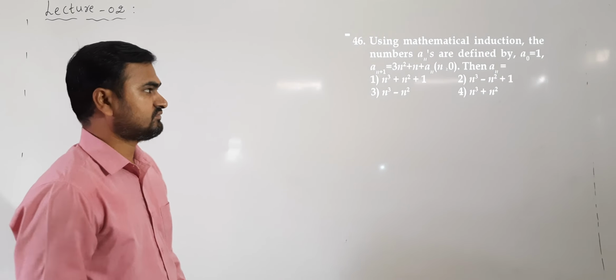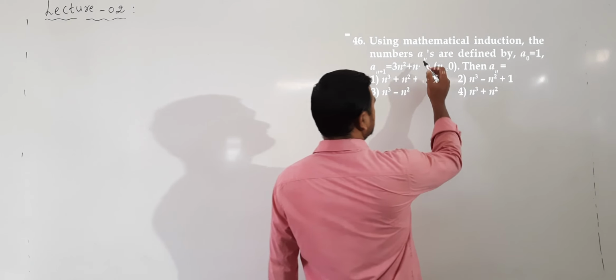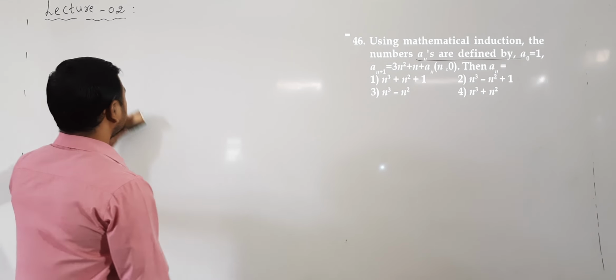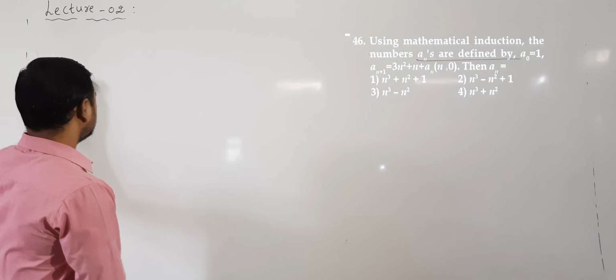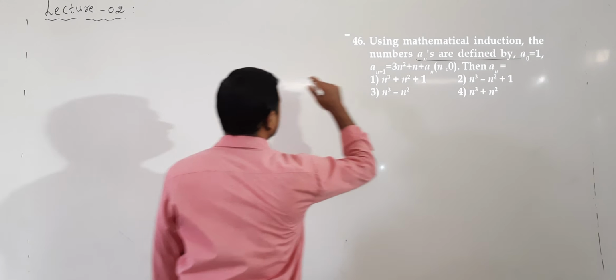So this is a two-step verification. Using mathematical induction, the numbers a_n are defined by this rule. First we find what the numbers are by taking some values for n.